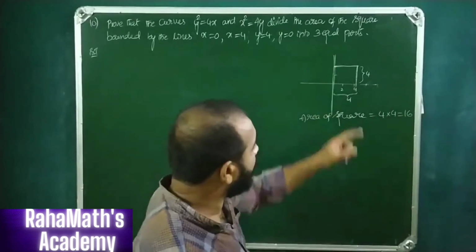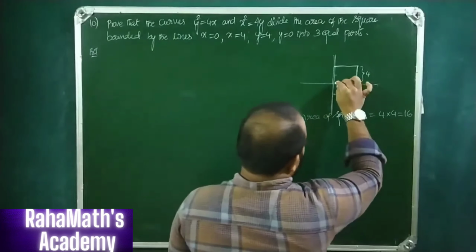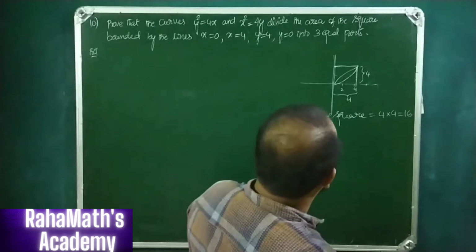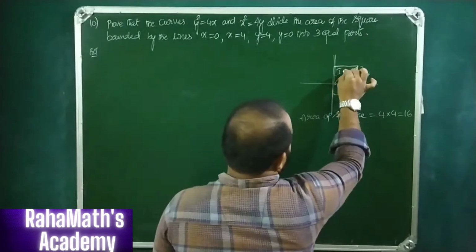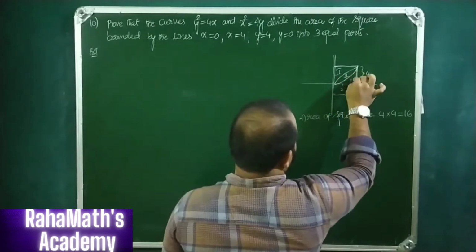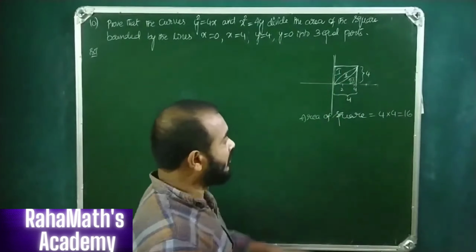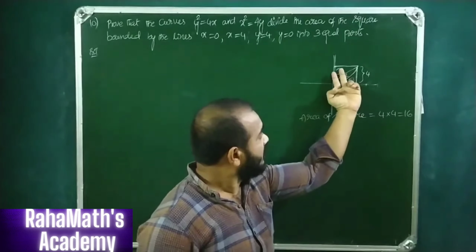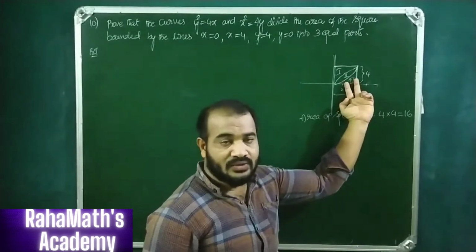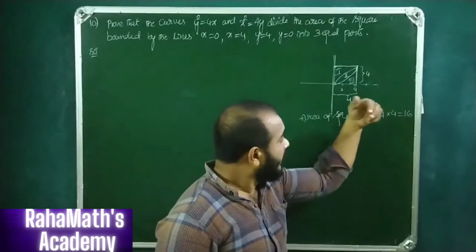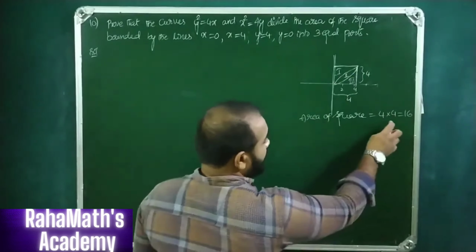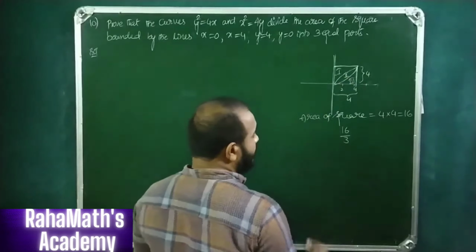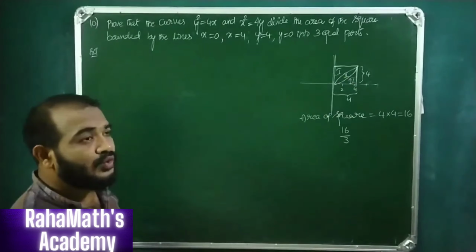Now here, 3 equal parts. That means we are going to have these two parabolas like this. Therefore, this is 1, this is 2, this is 3. So these 3, that is one parabola, a down parabola. Therefore, this is one area, this is one area, this is one area. So 3 equal parts means 16 by 3, 16 by 3, 16 by 3. So actually, this is what we need to get.